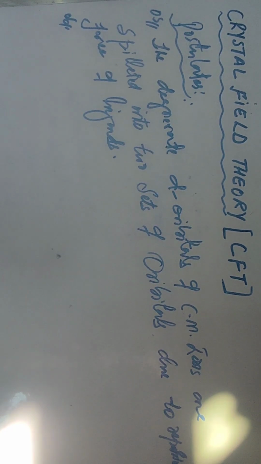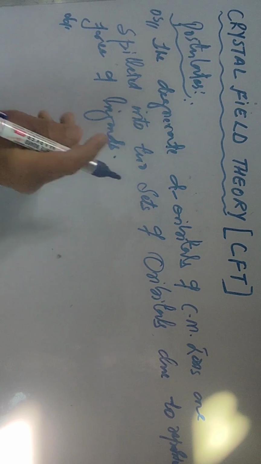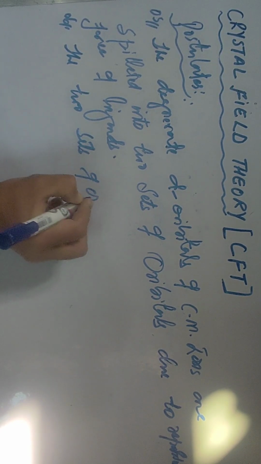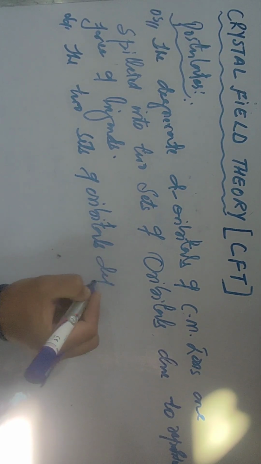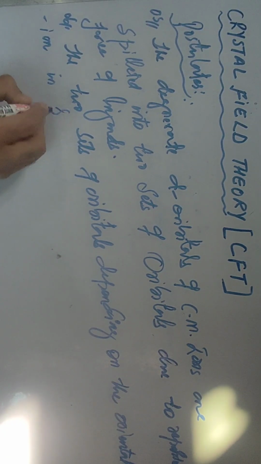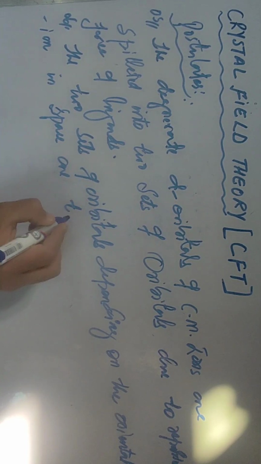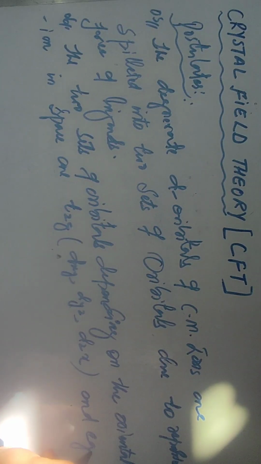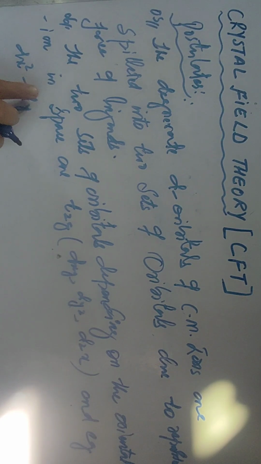The two sets of orbitals obtained, depending on the orientation in space, are T2G, that is dxy, dyz, dzx, and the EG sets or EG orbitals are dx square minus y square and dz square.